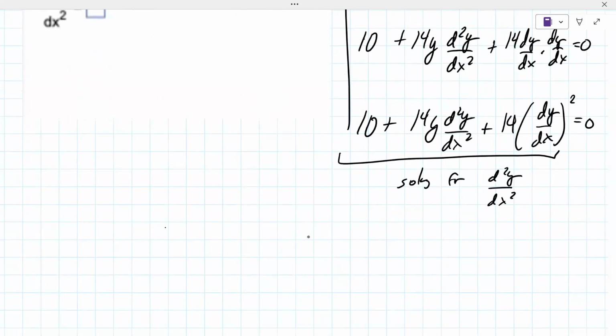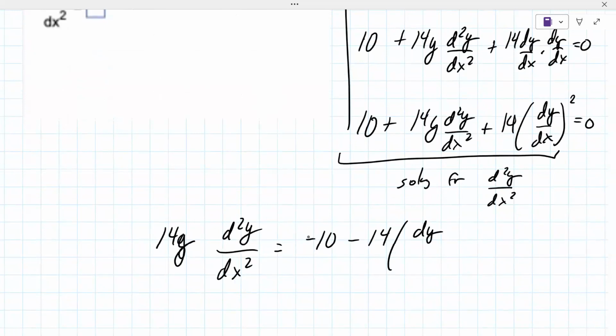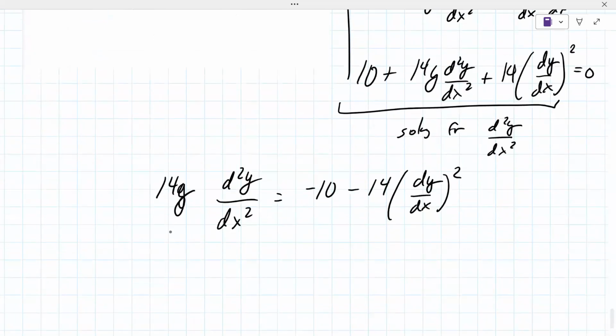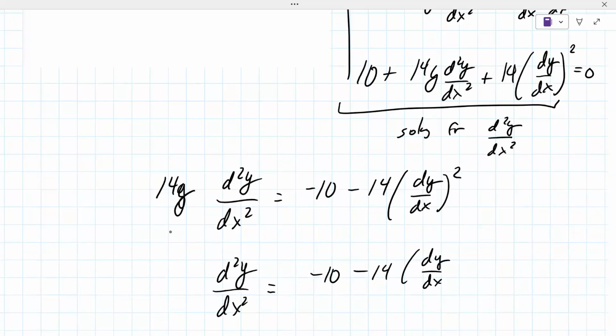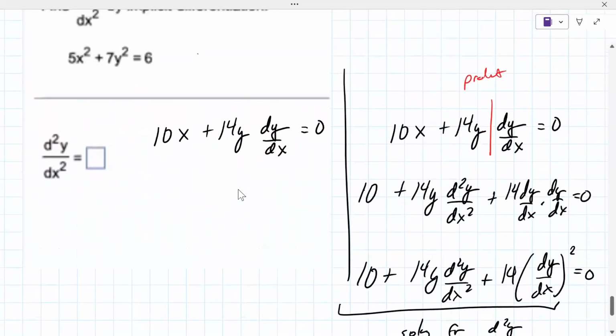So it ends up being 14y d squared y over dx squared equals, so you move the other terms over, and then you divide by this 14y. So your d squared y over dx squared is minus 10 minus 14 (dy/dx) squared, over 14y. And then you need dy/dx. So you go back to the previous part here and you solve for dy/dx.